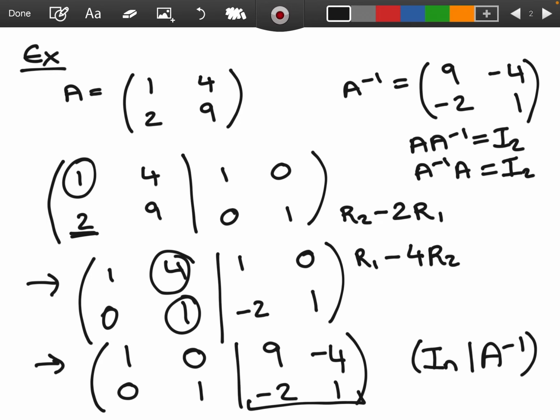You could also go ahead and do this on a calculator. So, to check this, you can put in your matrix A, and then you can do A inverse exactly like we did in the video before. That will give you the inverse matrix back.